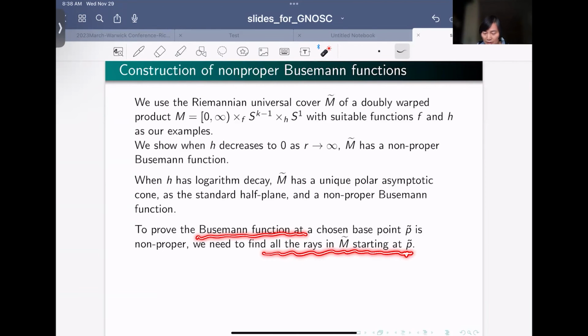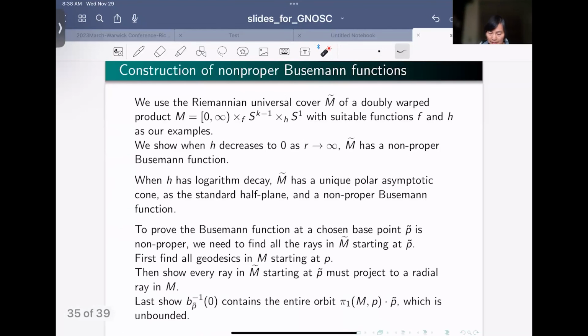Okay, so this is in the universal cover, which is very related to the space at the bottom. So how to do this? First step, say 1: find all the geodesics in the bottom. Okay, so this is 1.